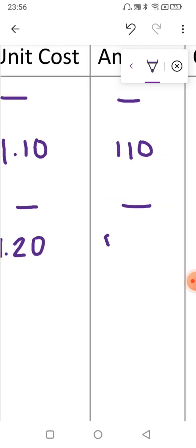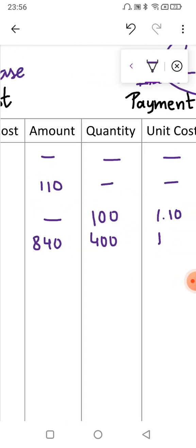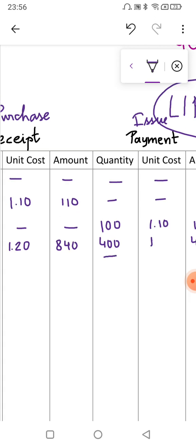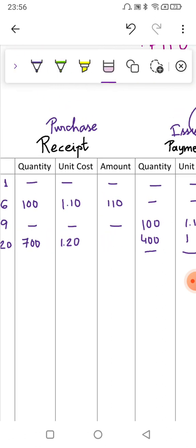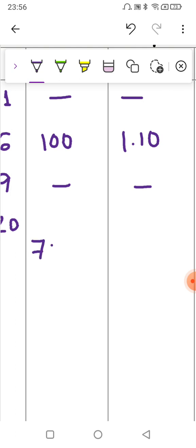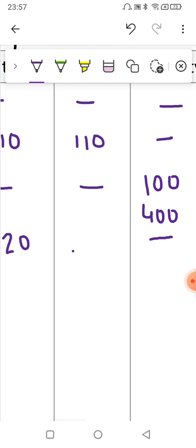We have to multiply 700 into 1.20. Once we do it, we get 840, which we are going to record over here in the amount column. Nothing will be written over here. No payments being made. We can write it below actually. 700, 1.20 and 840.